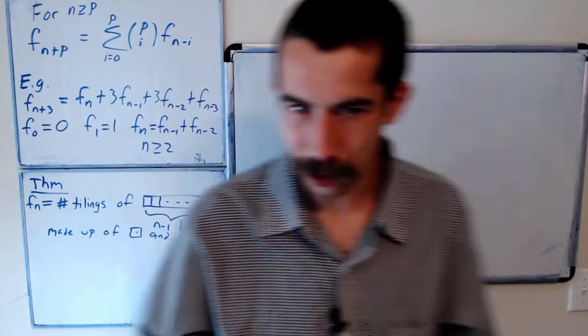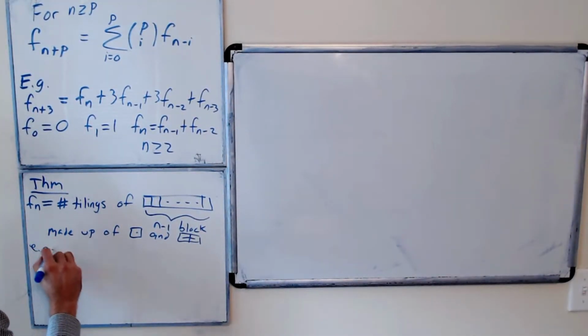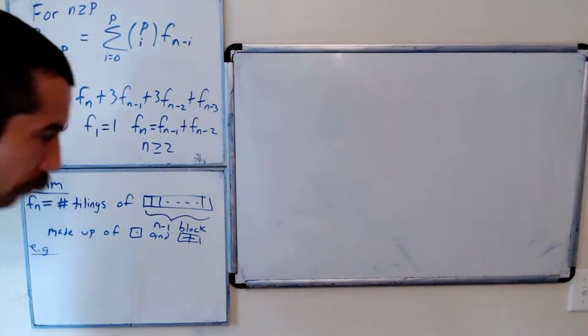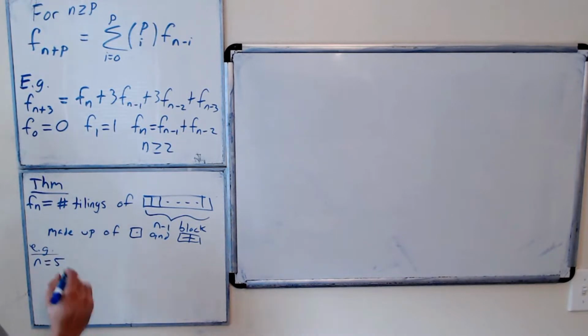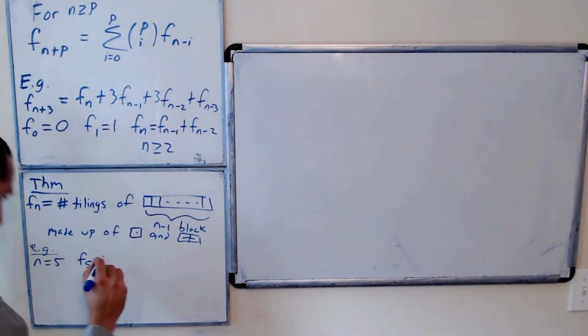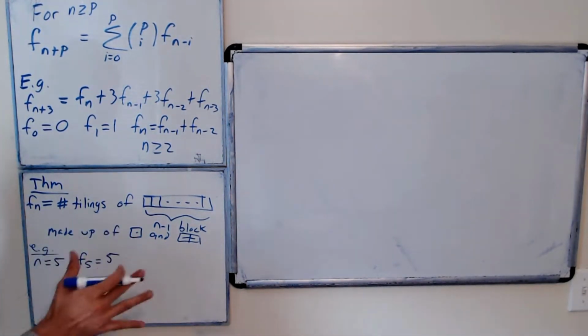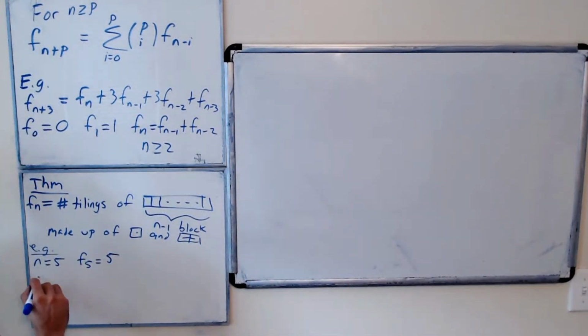Okay, if you don't believe me, let me show you an example. Let's say n equals 5. So we know f5 is equal to 5, and if this theorem is true, there should be 5 ways to tile 4 blocks with monominos and dominoes.